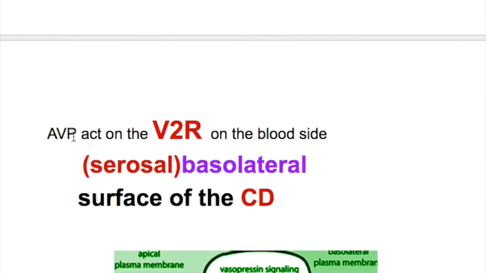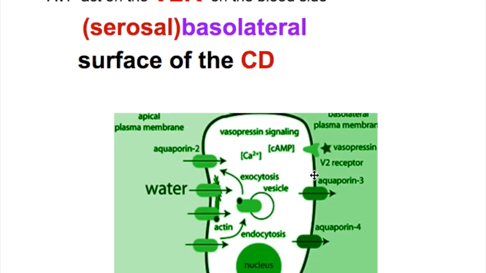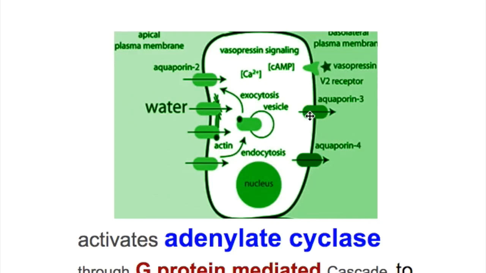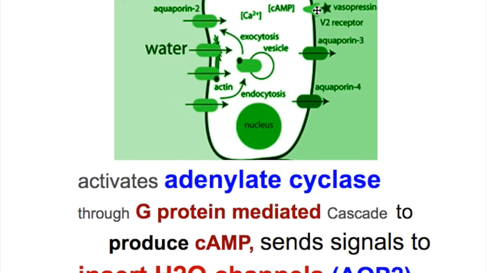So AVP acts on the vasopressin 2 receptor on the blood side, the serosal or basolateral surface of the collecting duct, and activates adenylate cyclase through a G protein mediated cascade to produce cyclic AMP.